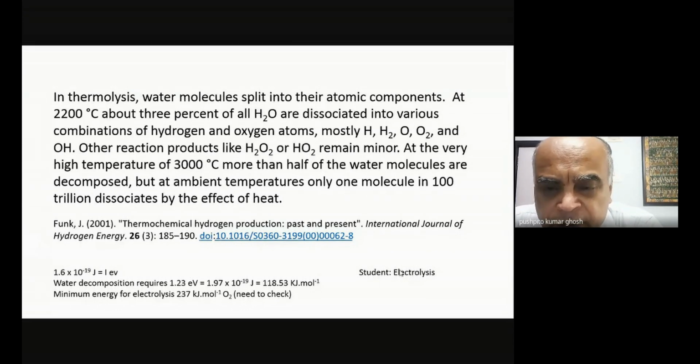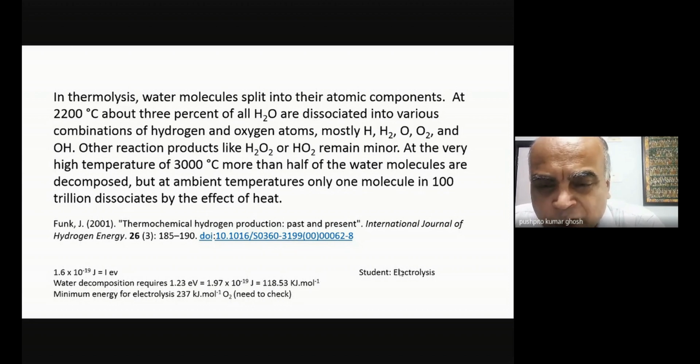Don't worry. So you can imagine that to make one oxygen molecule, I really have to effectively bring about a 4-electron transfer process. Is that clear? One O is 2 minus.